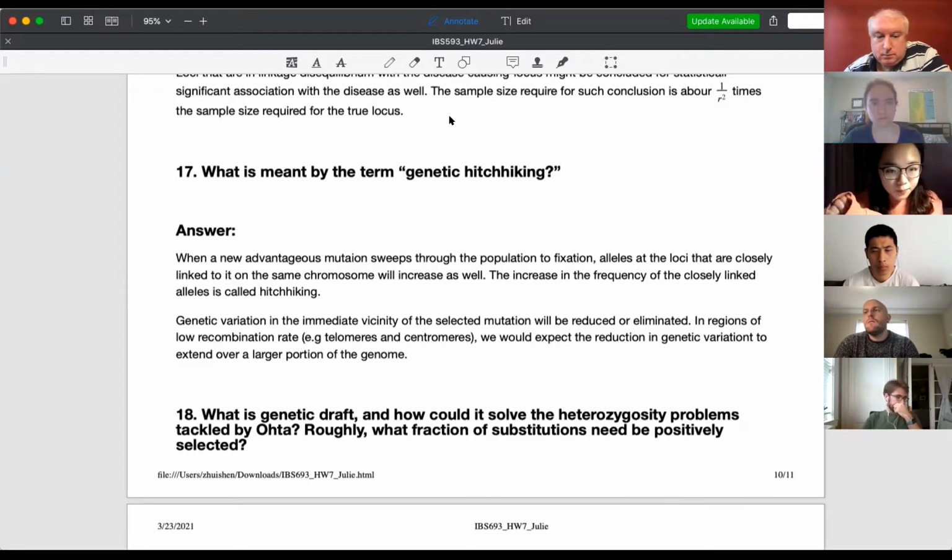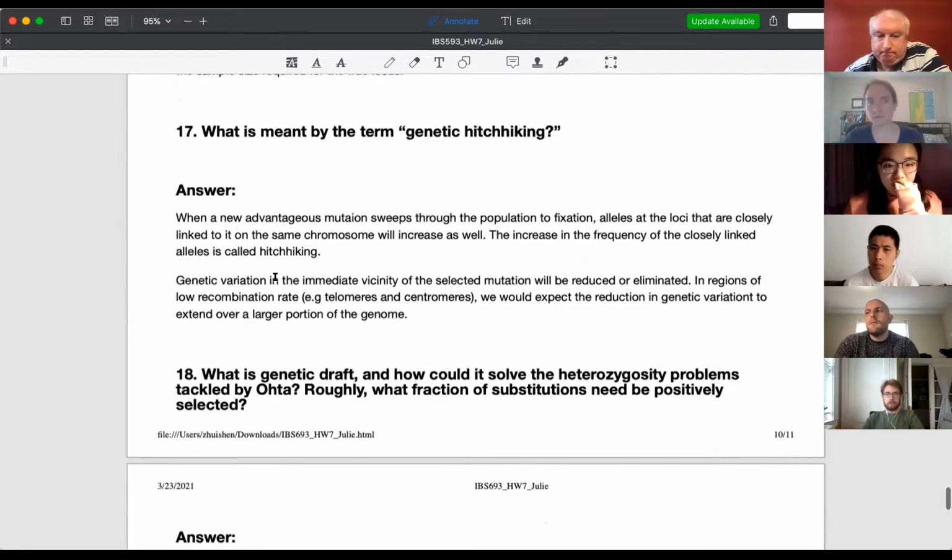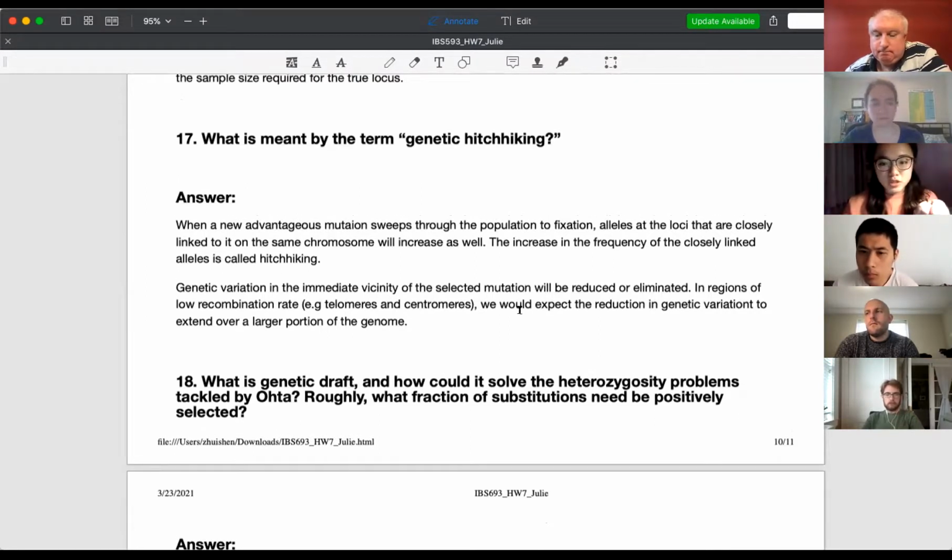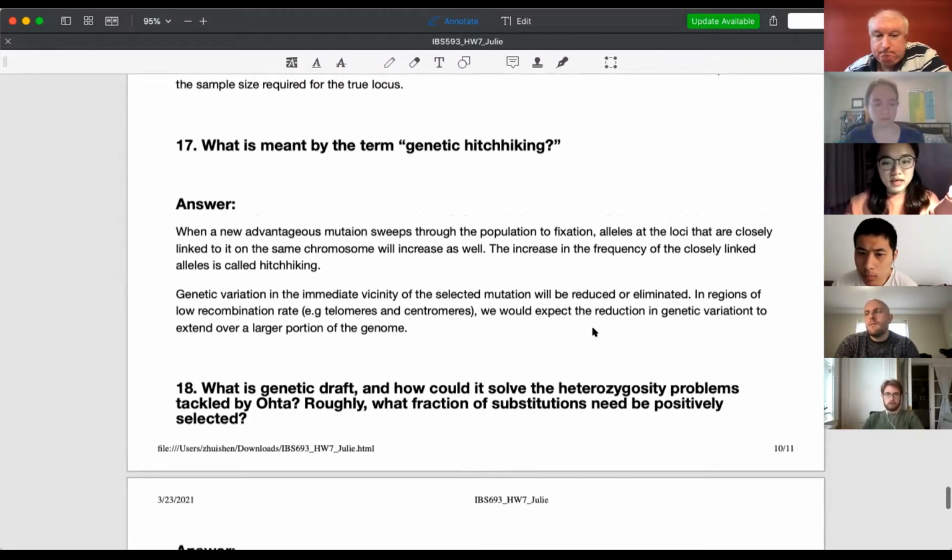Since they're close in position, they don't have much chance to recombine, so genetic variation in these close locations will be reduced or eliminated, as they would have a low recombination rate.